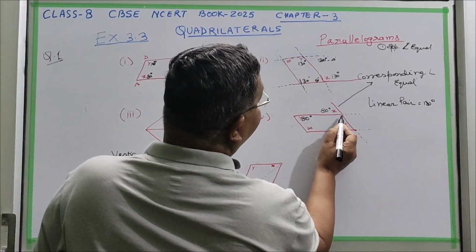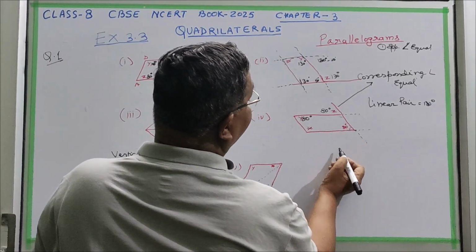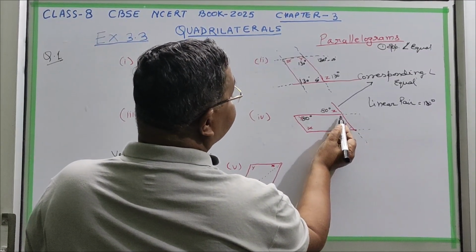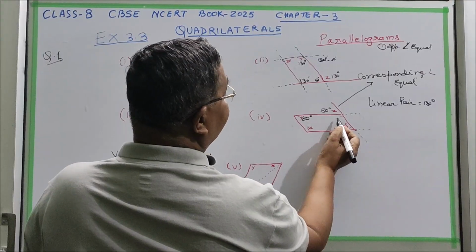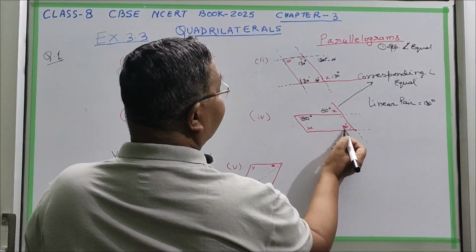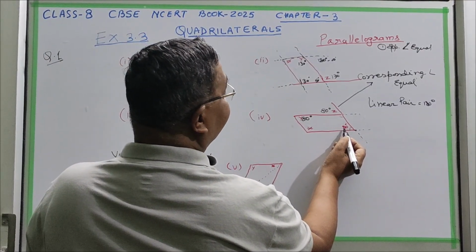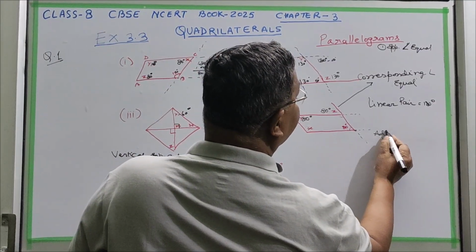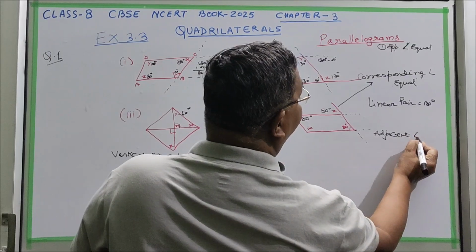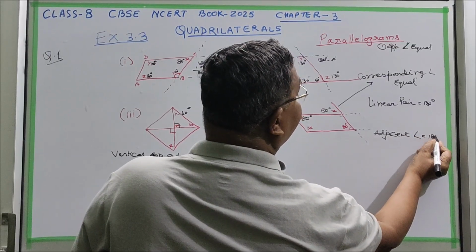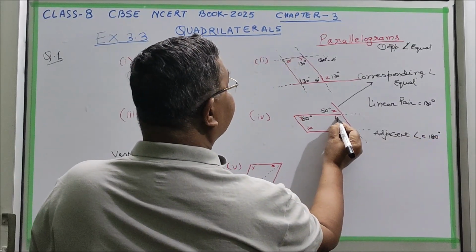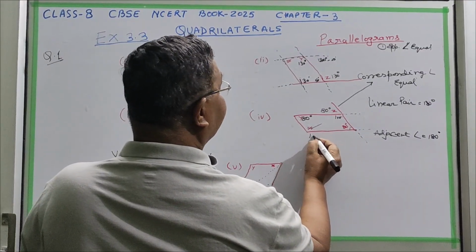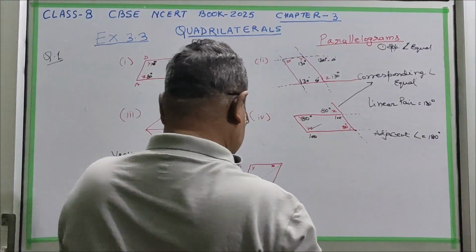So this inner and this inner are adjacent angles. Adjacent angles of any transverse line on one side are always equal to 180 degree. So if it is 80, it will be 100, and if it is 100, the opposite angle will also be 100. So x will be 100 degree.